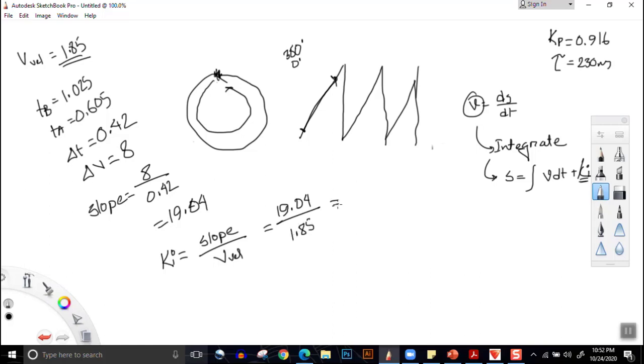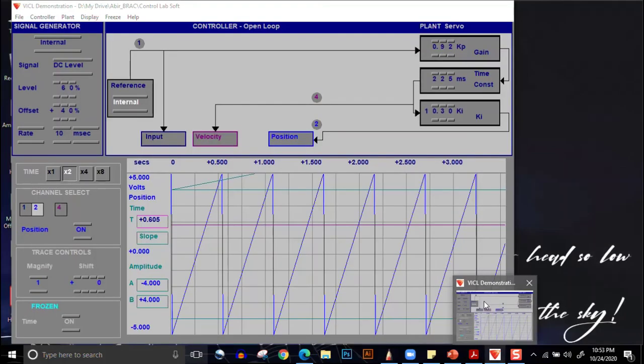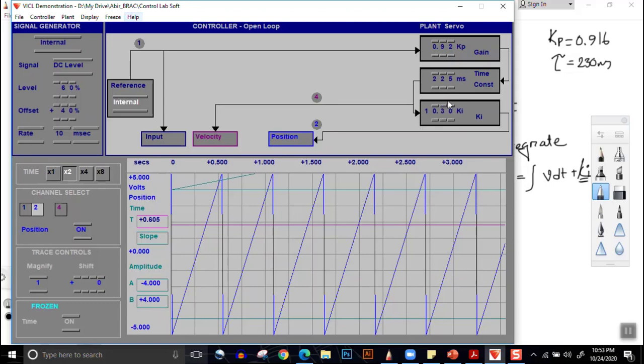We'll get integrator gain equal to 10.29. So integrator gain Ki over here is 10.29 according to our calculation. If we look at the value of Ki that has been put here, it's 10.3. So our calculation is correct.